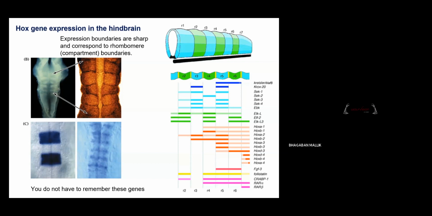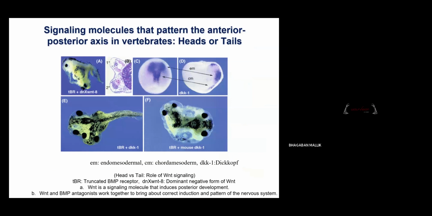Okay, so if there is no question, we'll move to the next section of the lecture. So then, what are the signals? We know that a different set of genes is required for the anterior polarity or posterior polarity of the animal. Then, what are these genes producing, what are the signals?